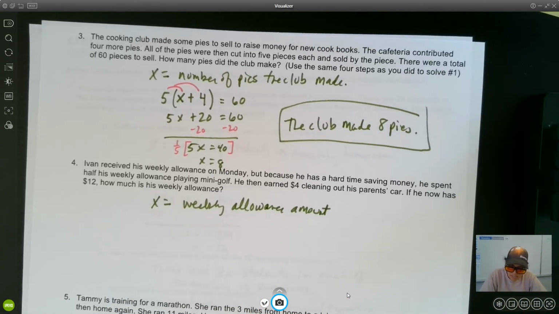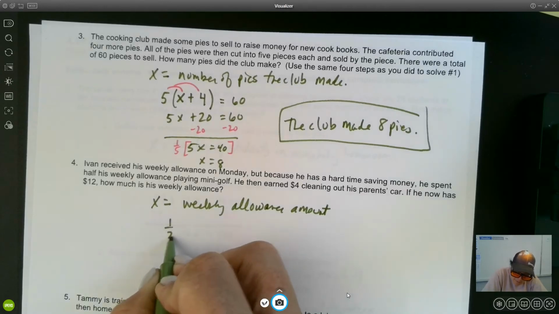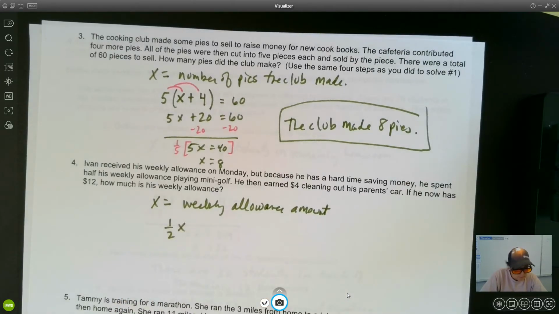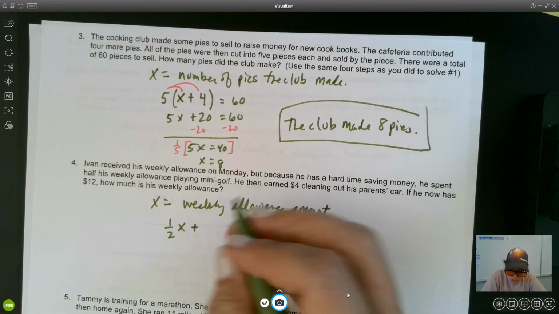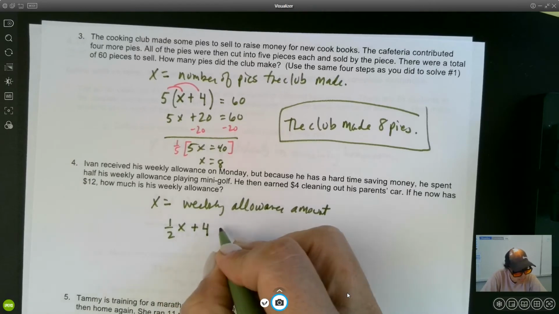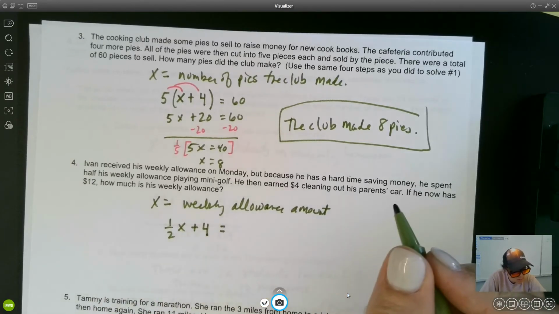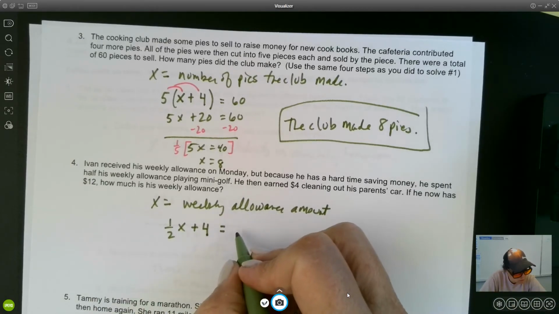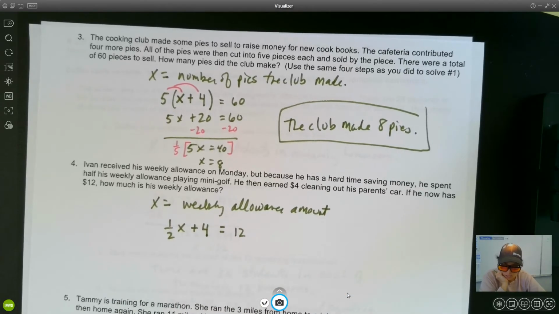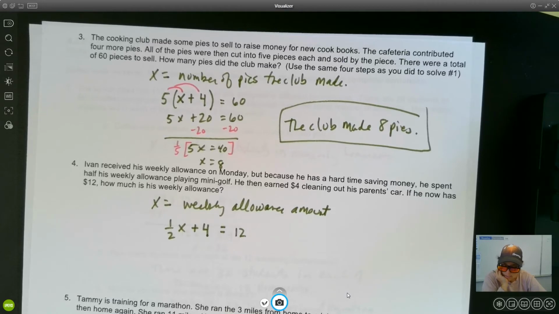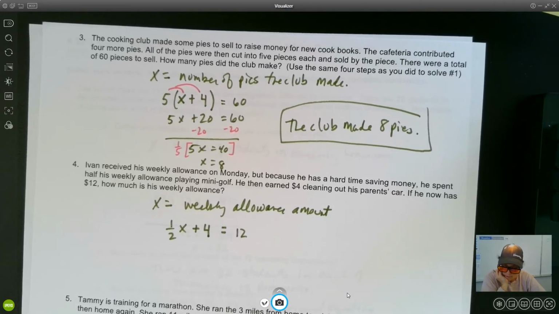All right, so it says he spends half of his weekly allowance on mini golf, and then he earned $4, and that is a total of $12. Let me make sure that makes sense. So he spent half of his weekly allowance, so he still has half left.